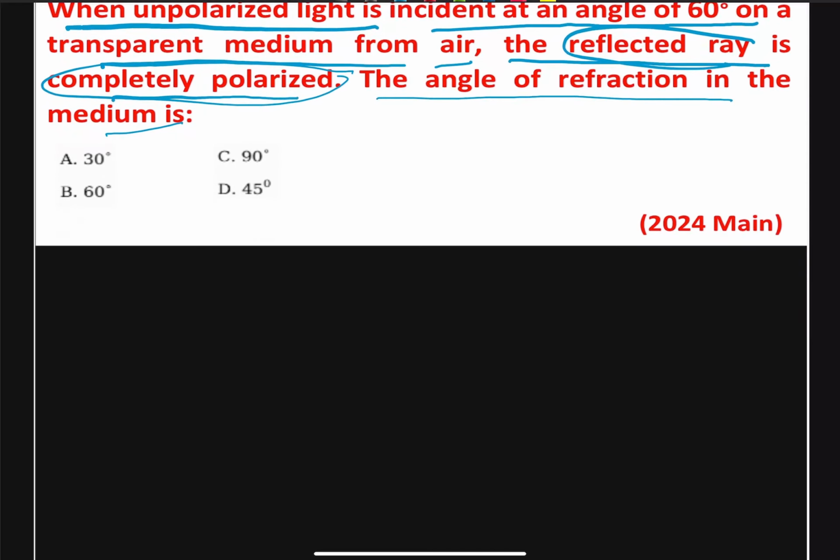Suppose this is the plane, and we have a ray that is incident, and with respect to the normal, it is making an angle of 60 degree, and we have a refracted ray and we have a reflected ray, and it is between air and some medium.